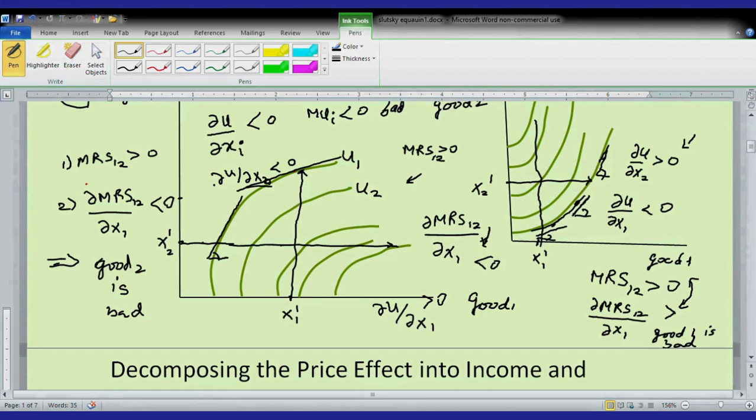All right. Let us now turn to the decomposition of the price effect into income and substitution effect. Before we go into this discussion, we must have a general idea of why we are interested in this decomposition.